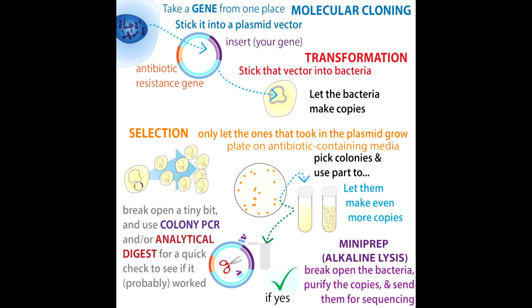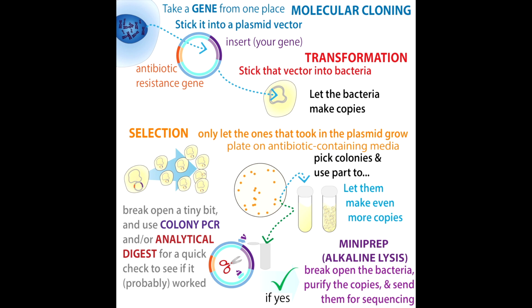A good thing about colony PCR, as we call it, is that you can do it without having to actually purify the plasmid out first. At the same time you're picking colonies to grow overnight, you can take a little bit of the colony with the pipette tip and mix it in the liquid buffer, and just do a PCR directly on it.